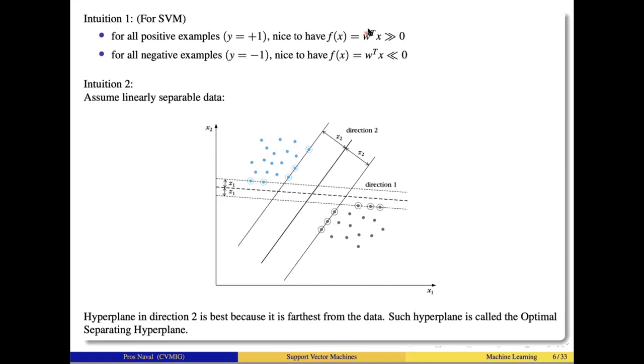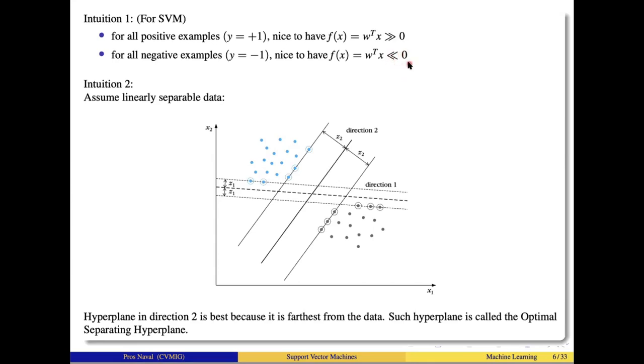So any trainable value, and this value here should be very much greater than 0. And similarly for negative classes, it's nice to have a function value that is very much less than 0.